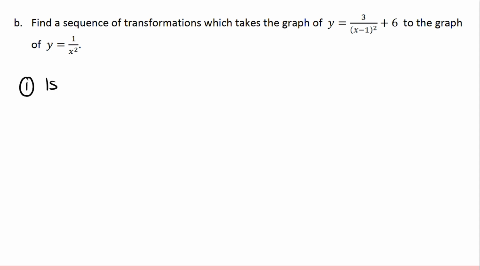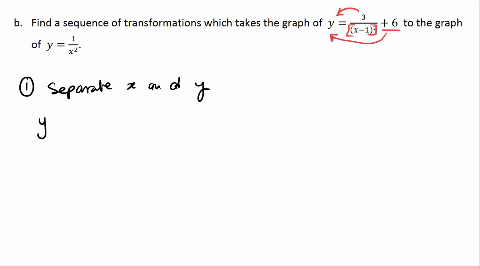Now, step 1, remember, is to isolate, or to separate rather, x and y for both functions. So this is my old function here, and I'm just going to take everything over. So the 6 can be taken over and the 3 can be taken over. So anything that's not stuck in the bracket for x should be taken over to the other side.